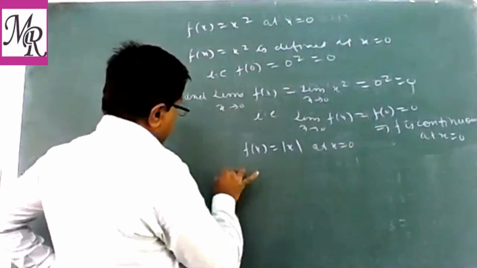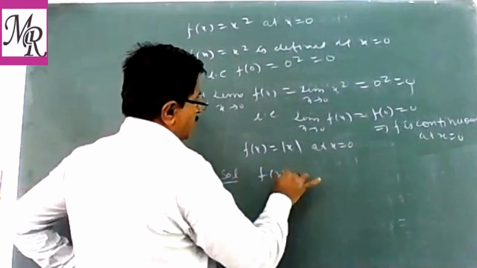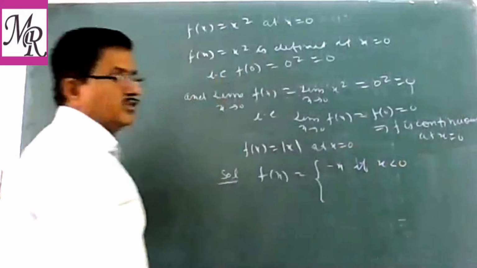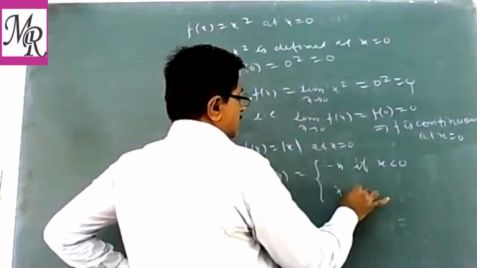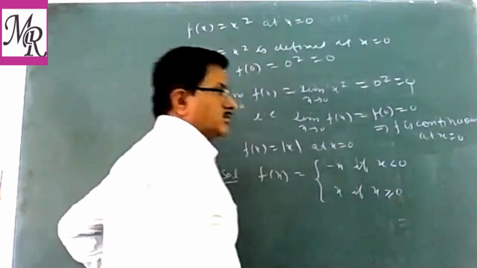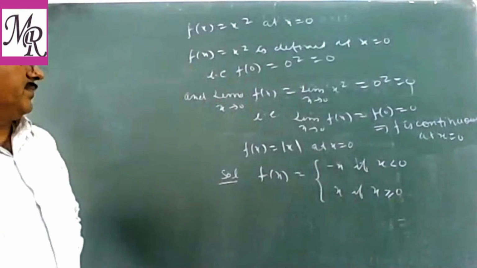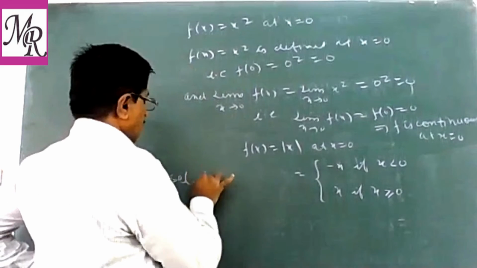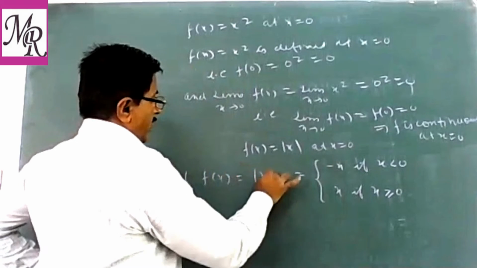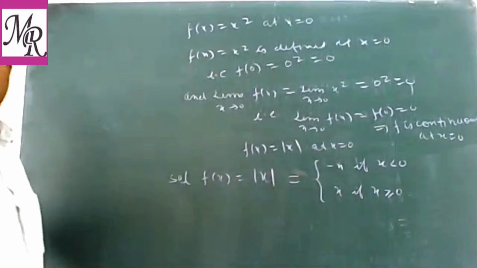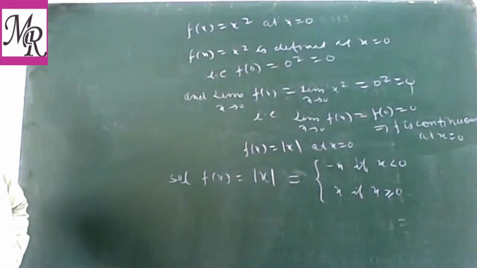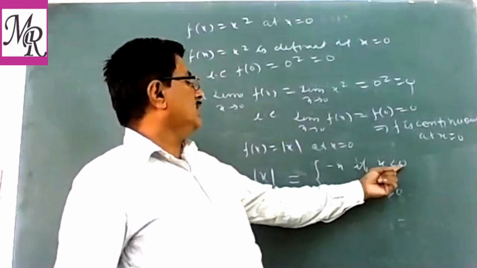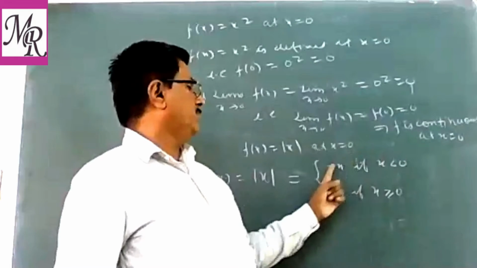So you have to define the function a little: f(x) equal to there are two values, minus x if x is less than 0 and x if x is greater than or equal to 0, because this is a modulus function.